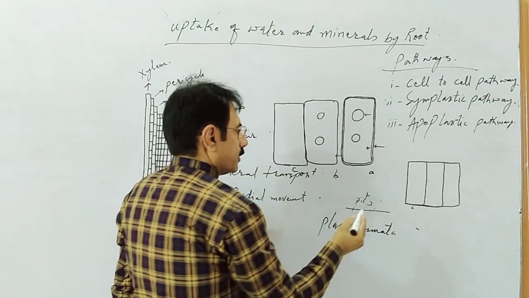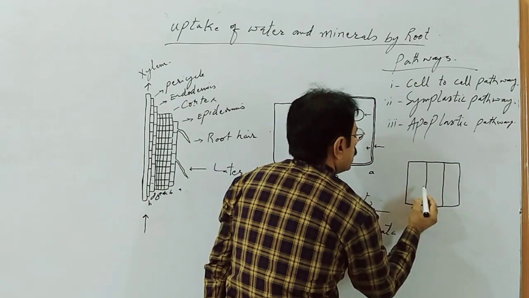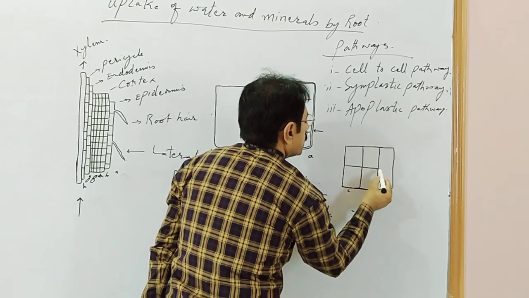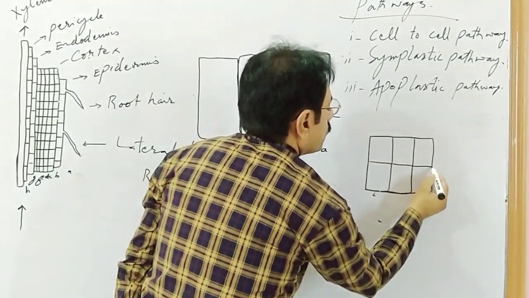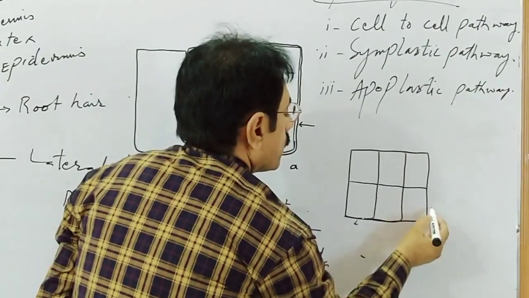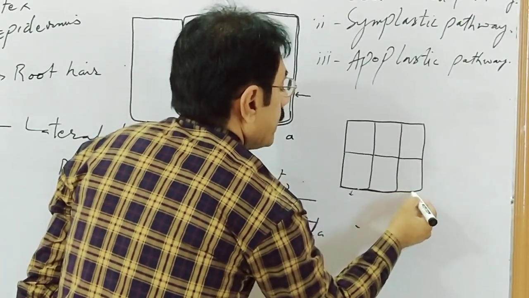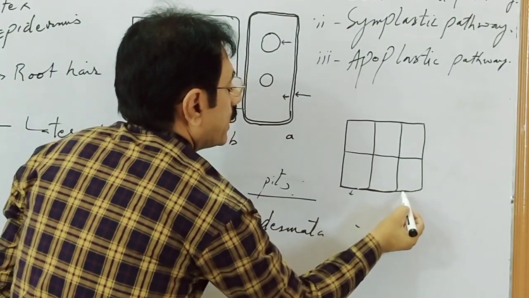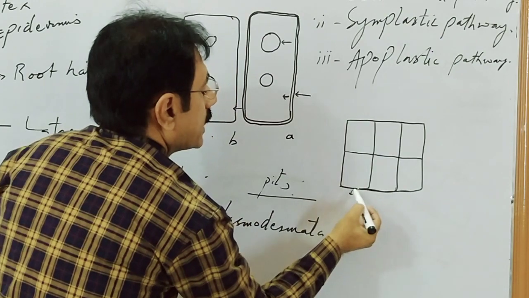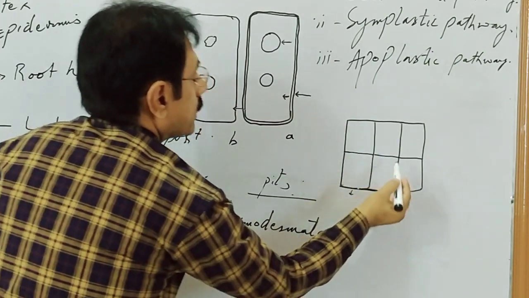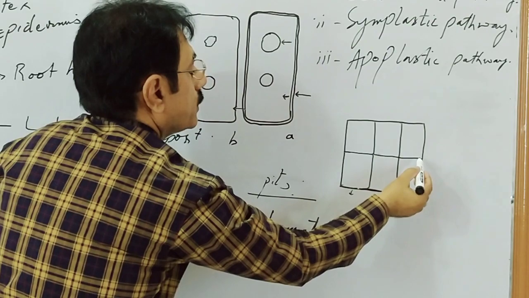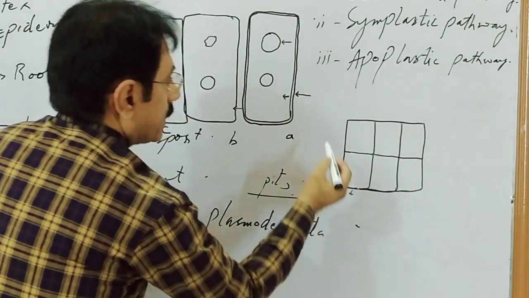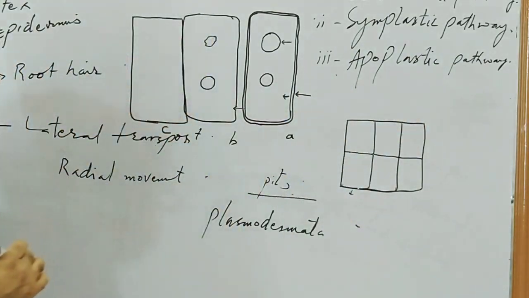Suppose these are two cells. The flow of the water takes this pathway through the cell walls, and the path of water flow through the cell walls is called the apoplastic pathway.